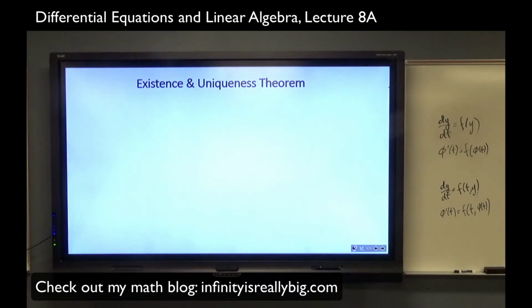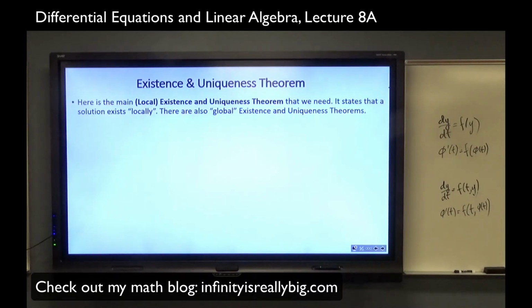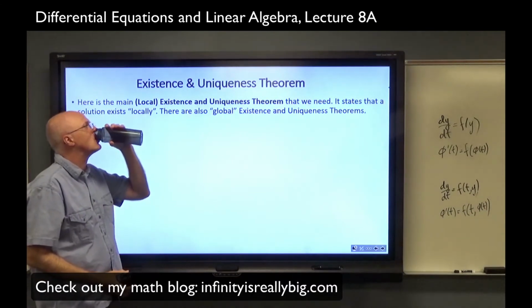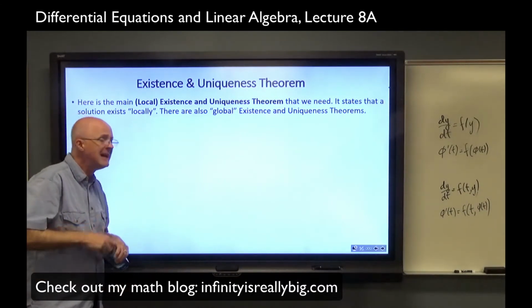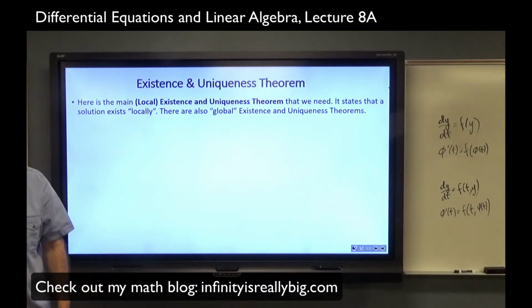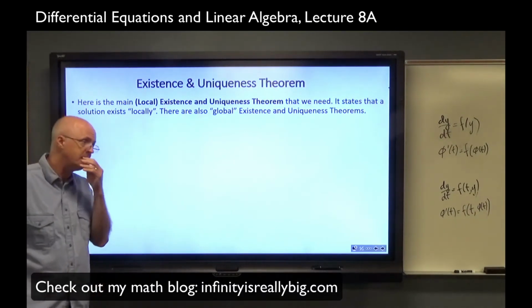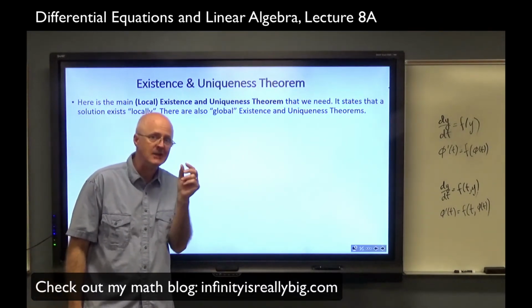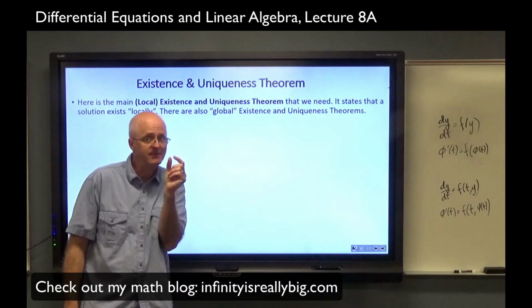All right, here's our main existence and uniqueness theorem that we need for this course, in the one-dimensional case at least. I'm calling it a local existence and uniqueness theorem because it's going to say solutions exist and are unique near the given value of t for the initial condition, on some possibly very small interval.